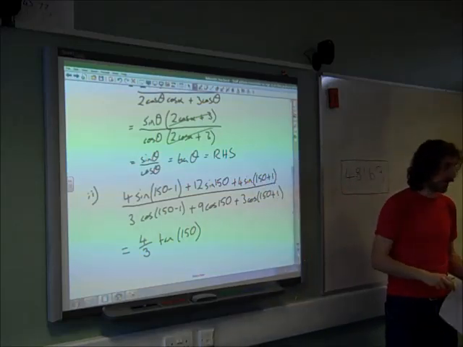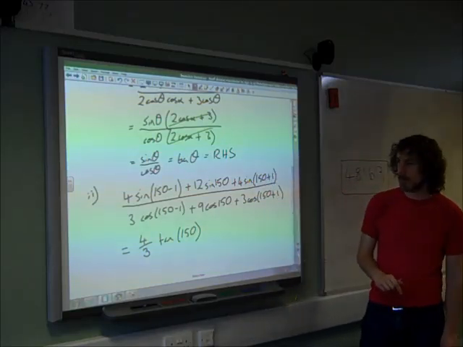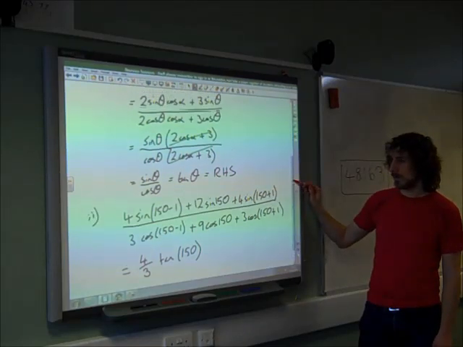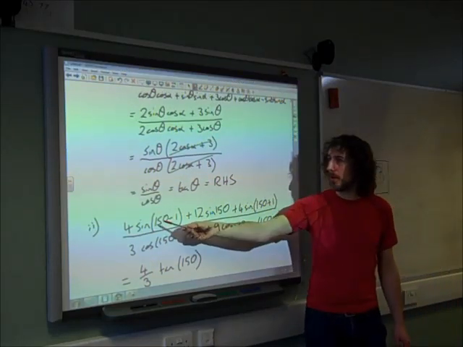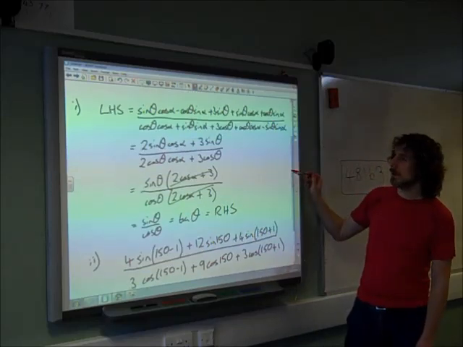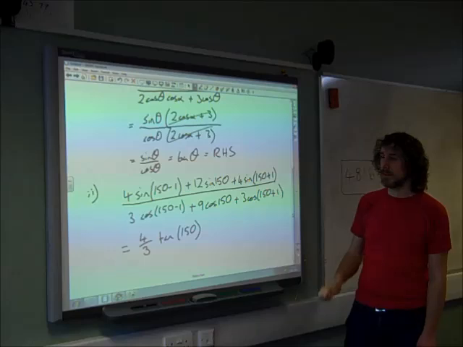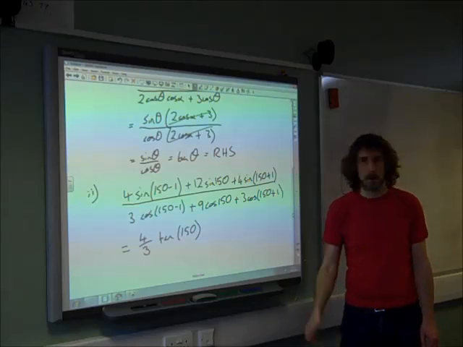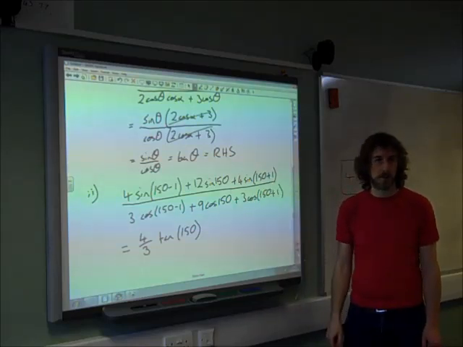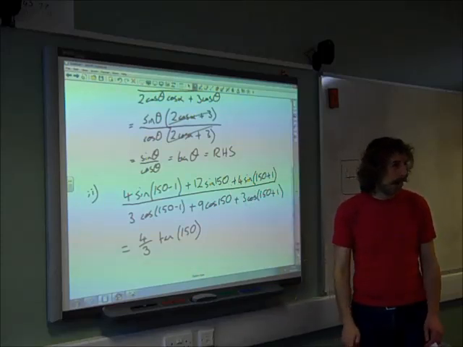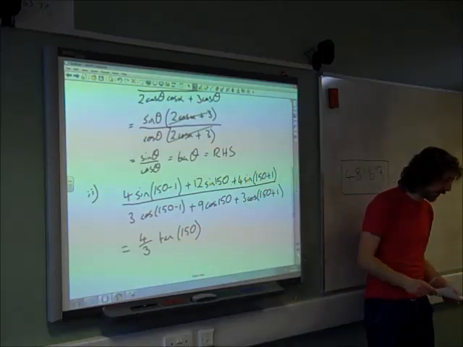We notice that this is just 4 times all that was going on in that original part of the question, and the bottom line is 3 times that. And the whole thing was worth the same as tan theta, so it must be 4/3 of tan 150. And your calculator should tell you the value of tan 150.